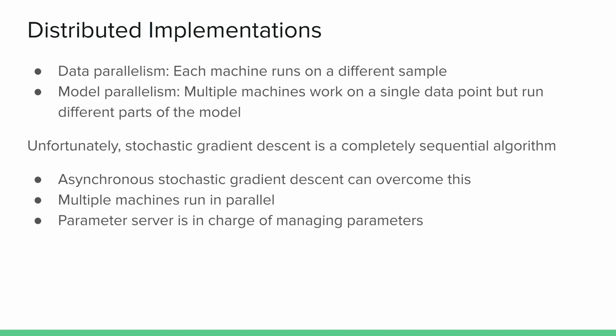There is something called asynchronous stochastic gradient descent, where you can distribute this more easily. You can have multiple machines that run in parallel with one of these synchronization mechanisms, or you can have a parameter server that takes care of all those updates if you have multiple machines that are training independently.